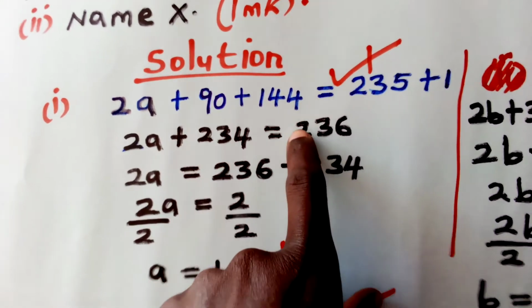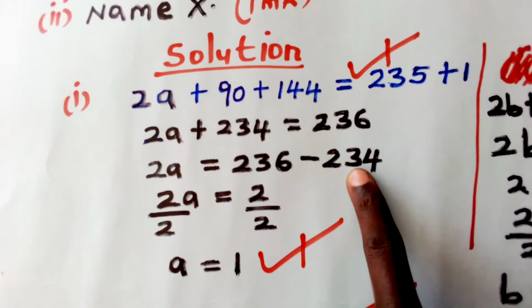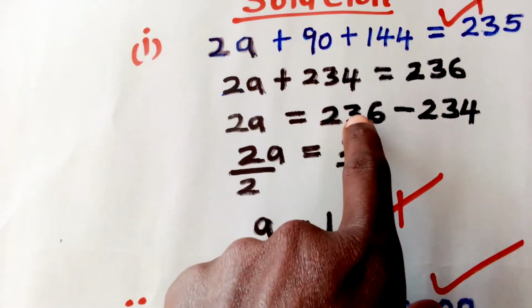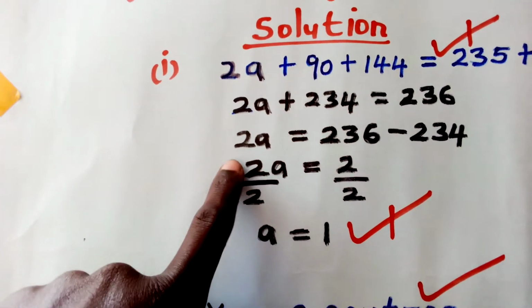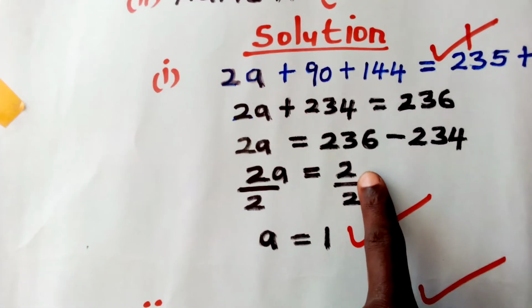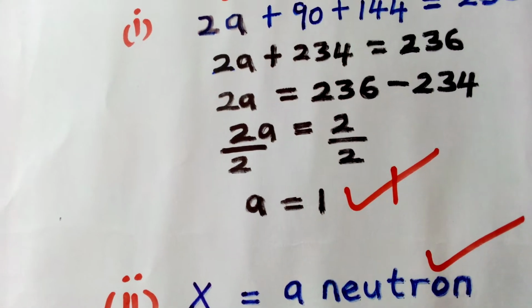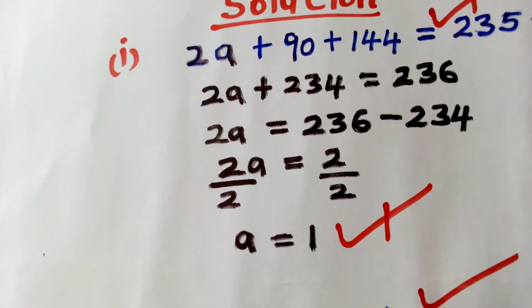So we shall have 236 minus 234, while the 2A remains on this side. When you subtract, 236 minus 234, you get 2. So we have 2A is equal to 2. Because we are interested in A, we divide both sides by 2. And our A will be equal to 1.